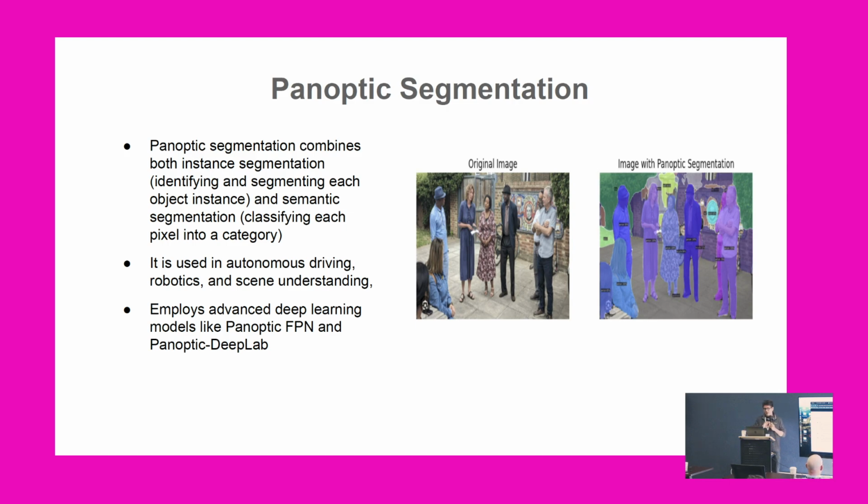It's called panoptic because it can literally look at the entire landscape and label everything in it. This falls under the category of dense labeling, and any kind of object labeling can take advantage of panoptic segmentation to separate these people from the environment. And let me show you.